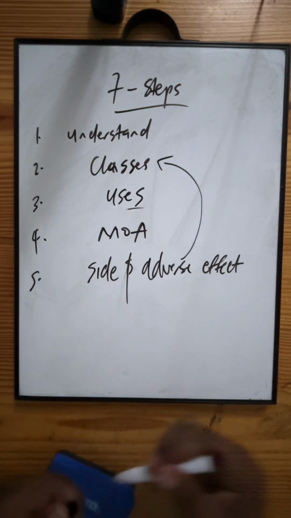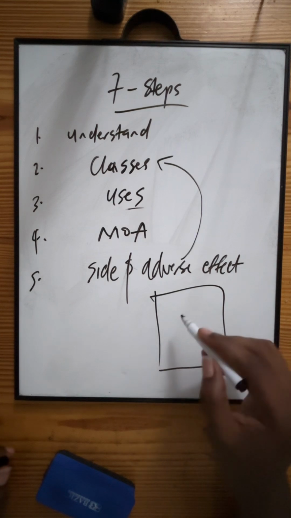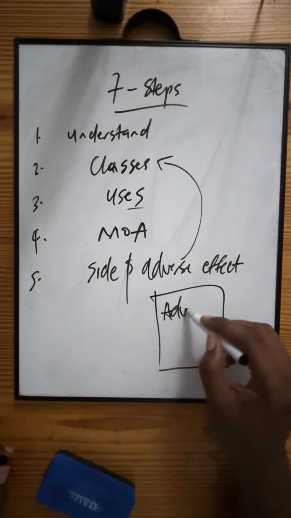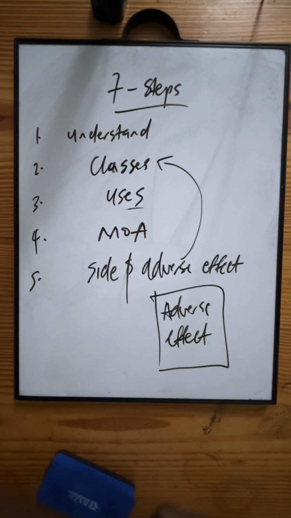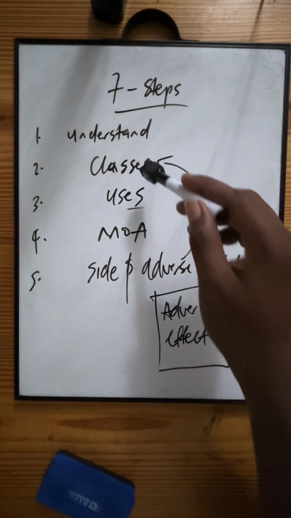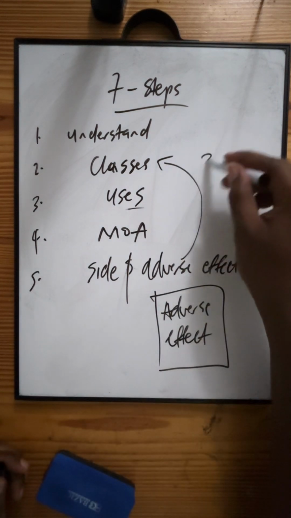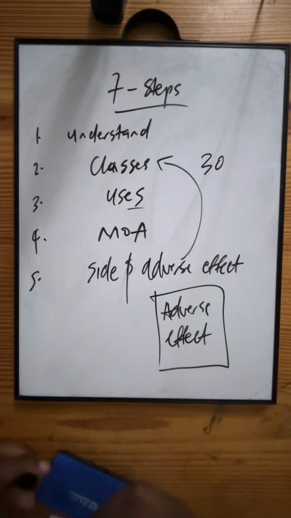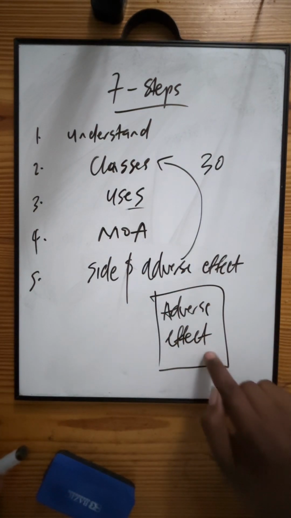In this fifth step, I encourage the student to have a particular note, which they are going to call the adverse effect note. When they are getting the side effect and adverse effect of each of the 30 classes, they want to take note of the adverse effect. So they are going to be writing the adverse effects.